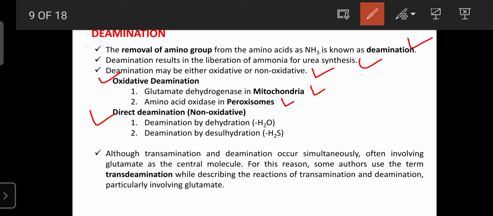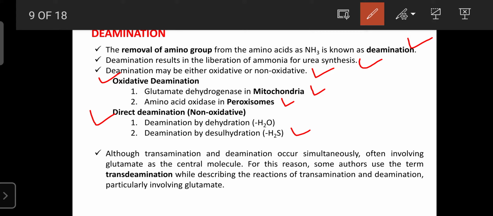Regarding non-oxidative deamination, examples are deamination by dehydration, that is removal of water, or deamination by desulfhydration, that is the removal of H2S. These are examples of non-oxidative deamination, and they occur in the absence of oxygen.